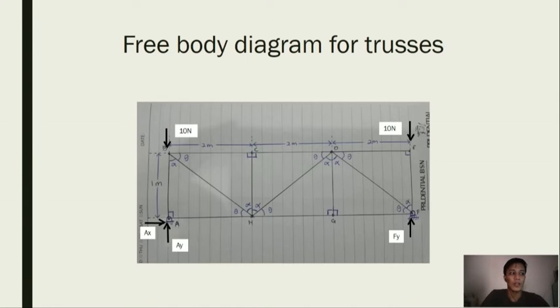Next, at joint A, there is a pin, so there will be two forces acting on it, which are Ax and Ay. Next, at joint F, there is a roller, so there will be only one force acting on it, which is Fy.